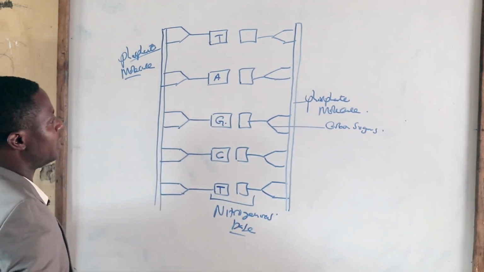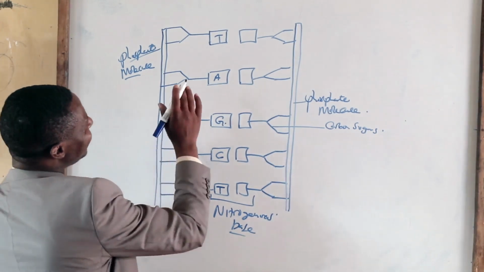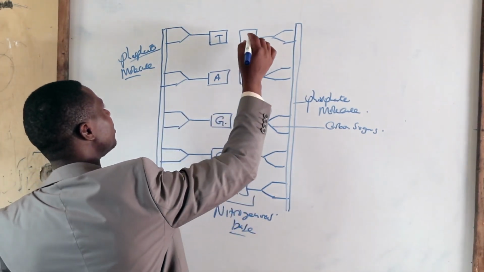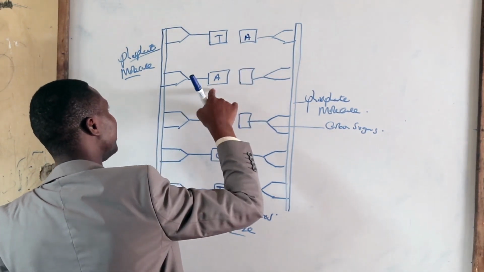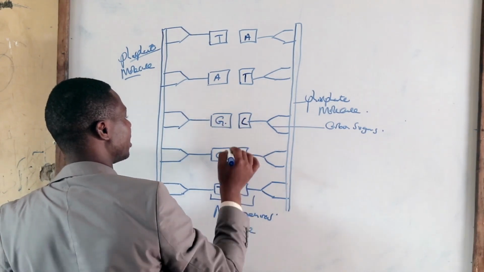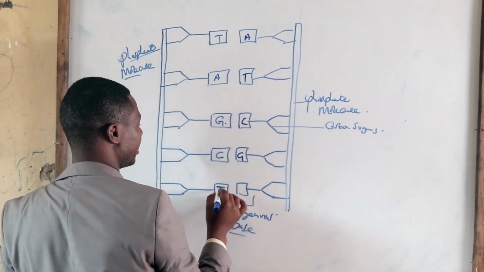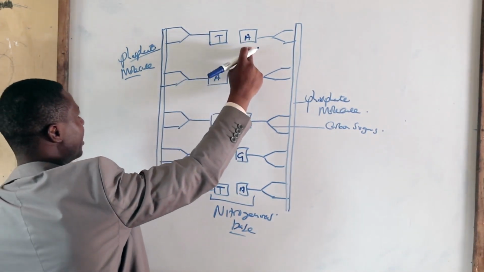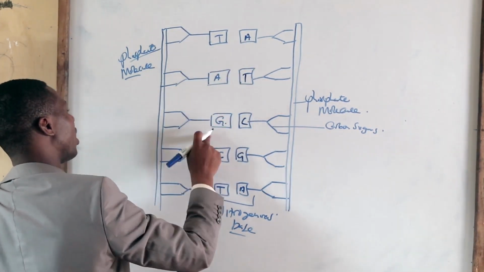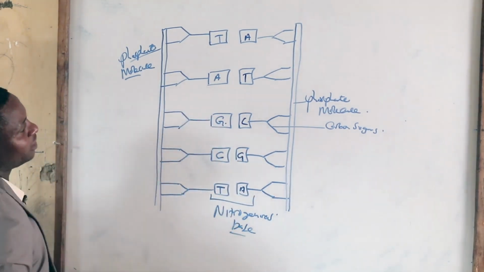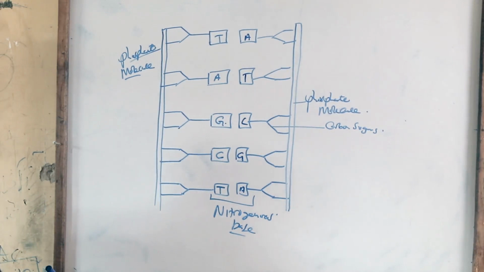It keeps on changing like that. Now, thymine articulates with adenine, and they alternate like that. Thymine goes with adenine, adenine goes with thymine, guanine with cytosine, cytosine with guanine. So this is basically the structure of a DNA.